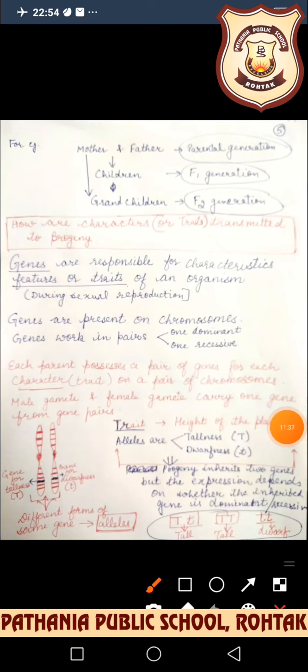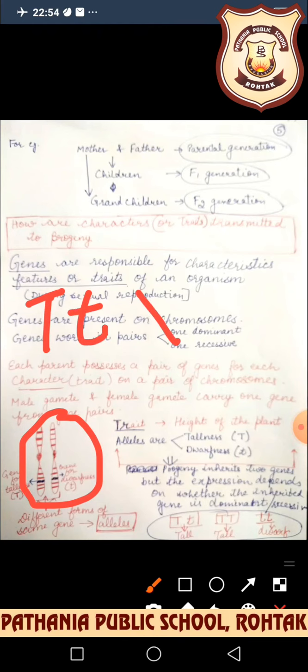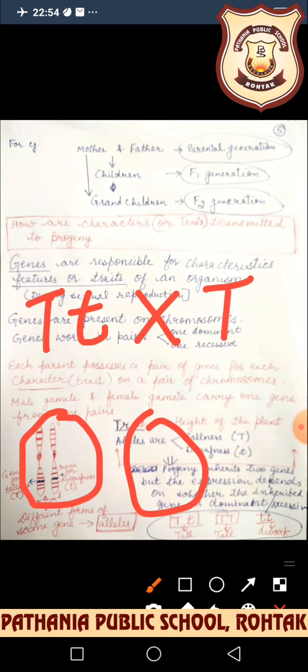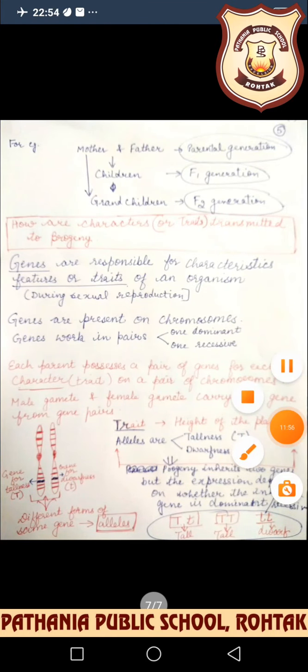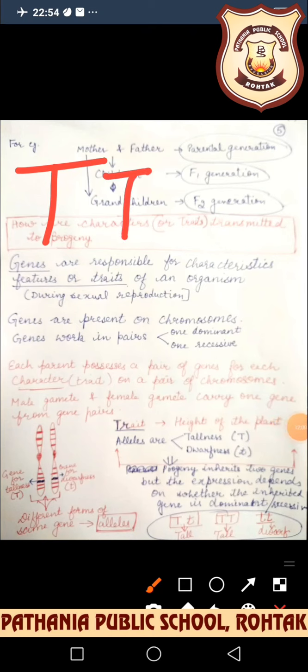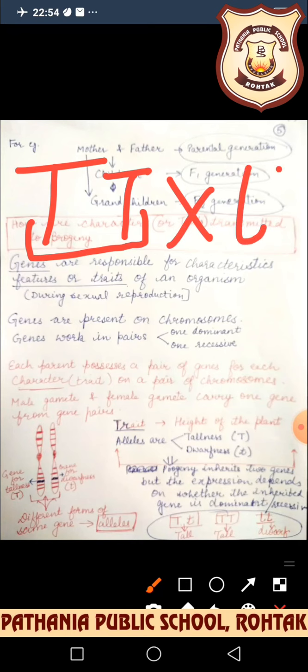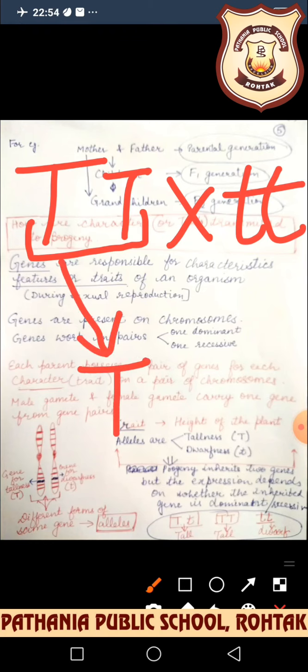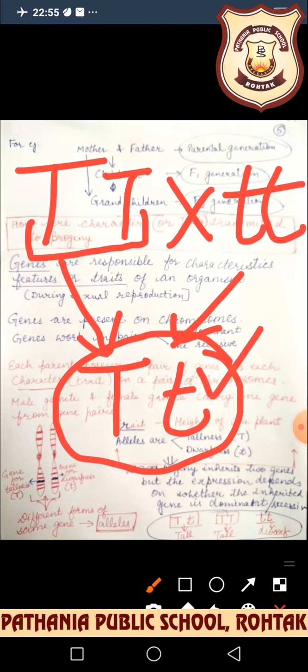Here you need to understand, dear, this chromosome pair is of one parent. Imagine another chromosome pair which is of the other parent. There are always chances. Suppose we have taken that in the gametes, from the male parent plant capital T is crossed with the dwarf female plant. One of the genes will come from here, the other will come from the female. The offspring will have genotype capital T small t, but how will it look?